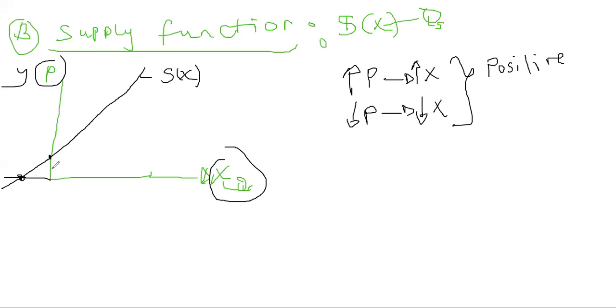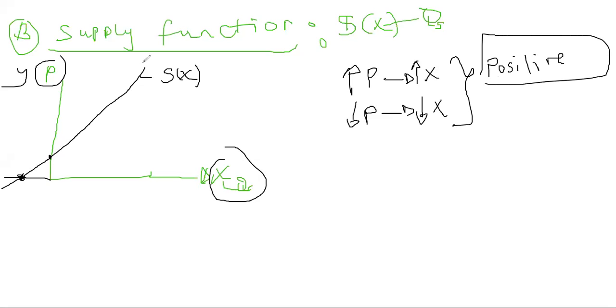Now we talked about the demand function and the supply function. We said that the relationship for supply is positive; that's why it is upward sloping. We need to know how to calculate this and how to calculate this.